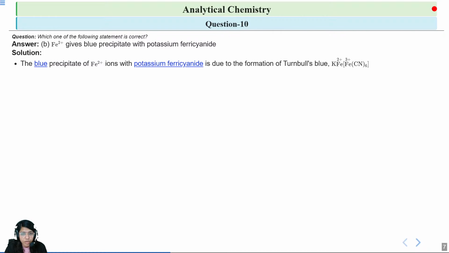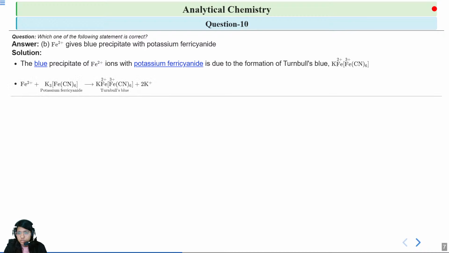So the blue precipitate of Fe2+ ion with potassium ferricyanide is due to the formation of which compound? Turnbull's blue, KFe[Fe(CN)6]. The oxidation state of the outer iron ion is +2 and the iron present inside the complex has an oxidation state of +3.